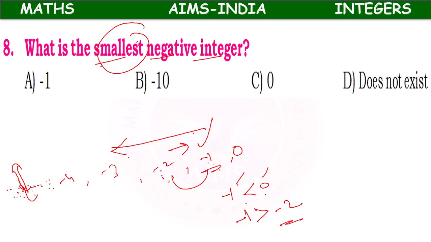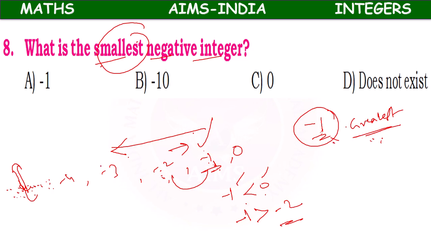So minus 2 will be less, minus 1 will be more. So in negative numbers, the smaller number will have greater value, or it is the greatest negative number. Minus 1 is the largest negative integer.